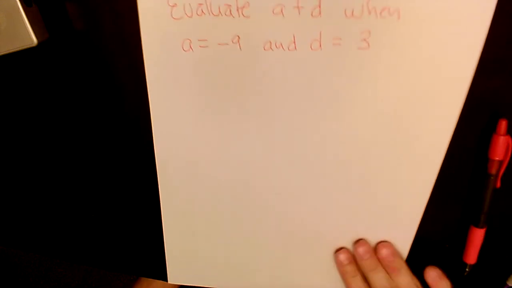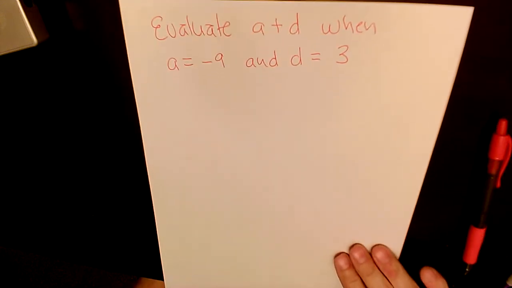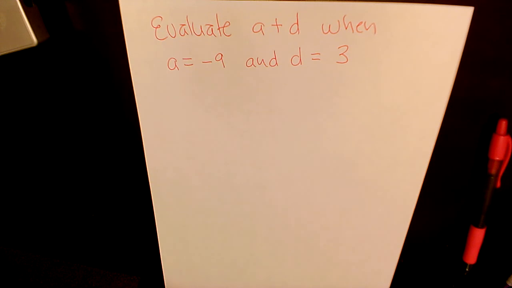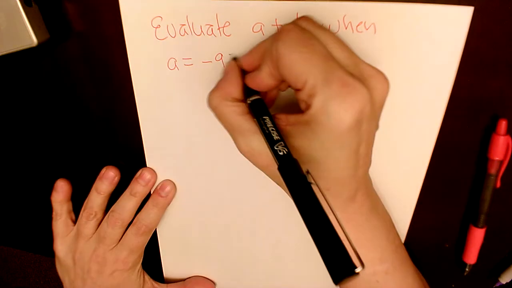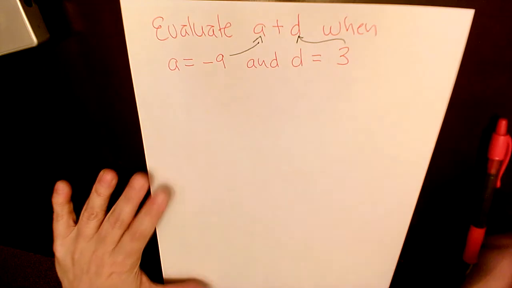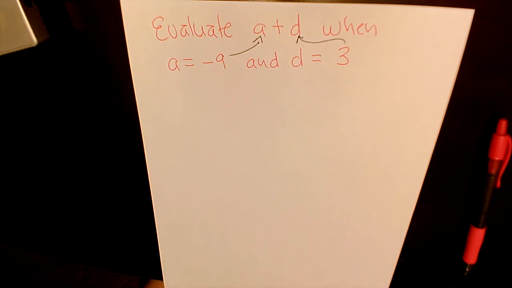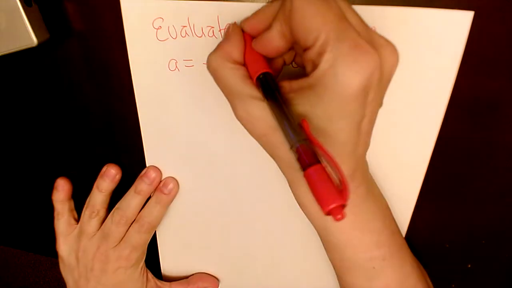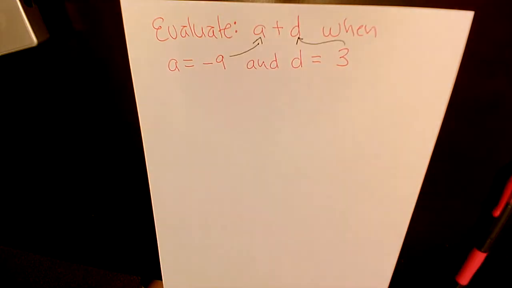Okay, sorry about that. So we want to evaluate a plus d. We want to plug in a is negative 9. So negative 9 is going in here for a, and positive 3 is going in for d. Evaluate just means to plug in, right? So we're just plugging in and working it out and seeing what we get.